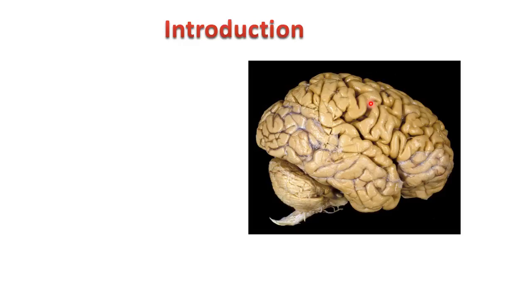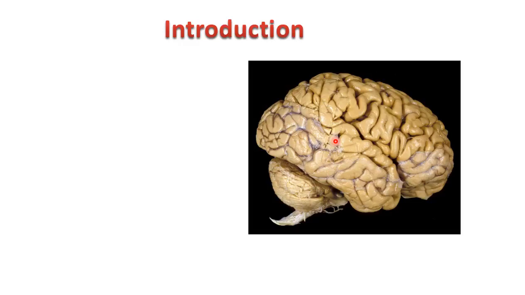And you are able to see it is made up of a lot of convolutions, folds. Those are the gyri and the sulci which we are going to discuss today.